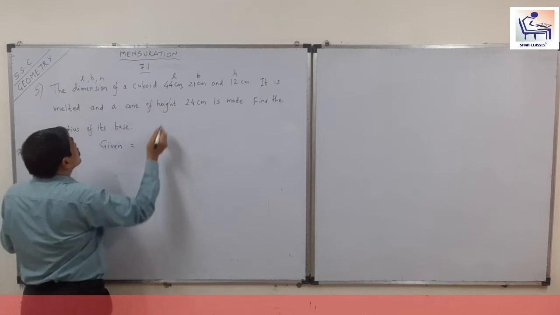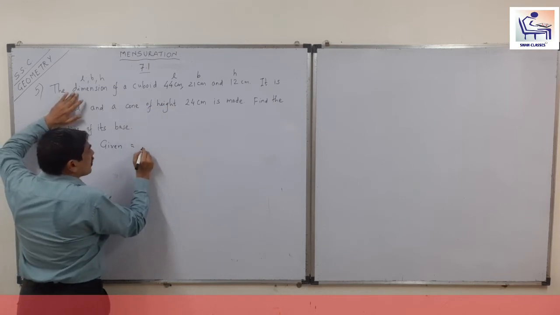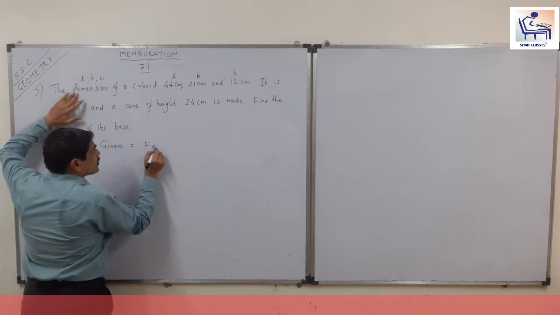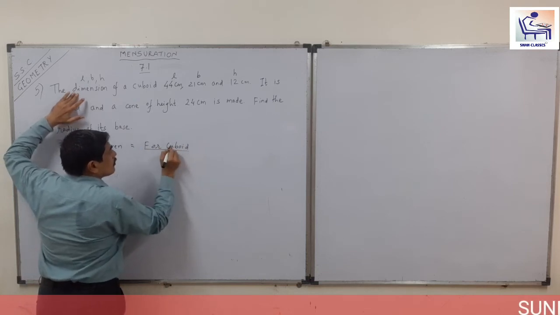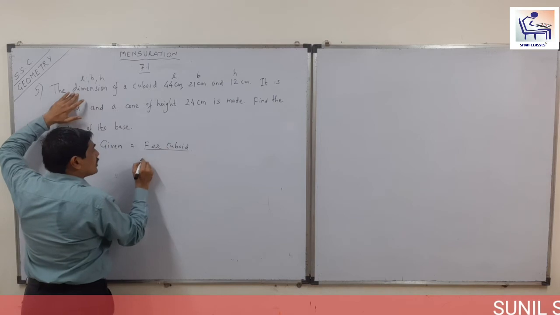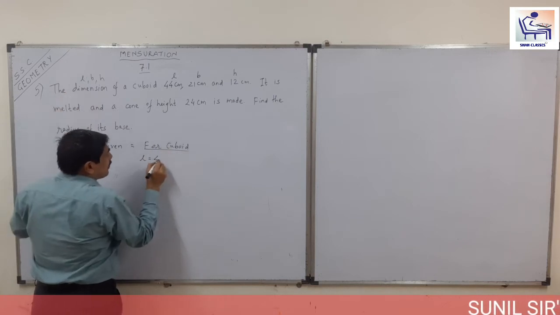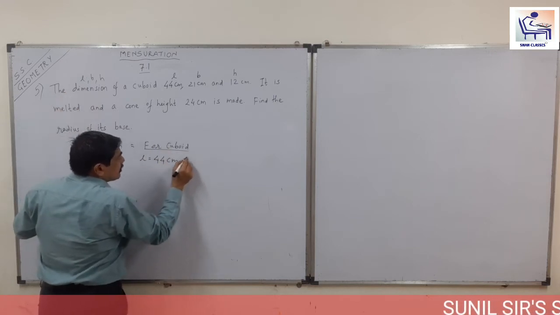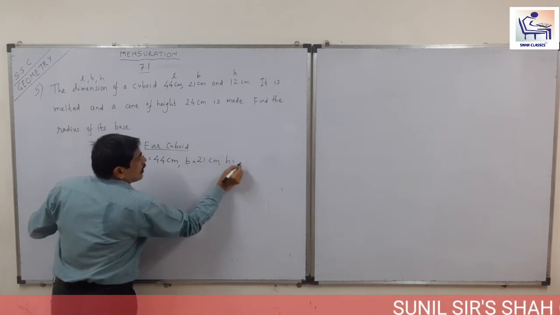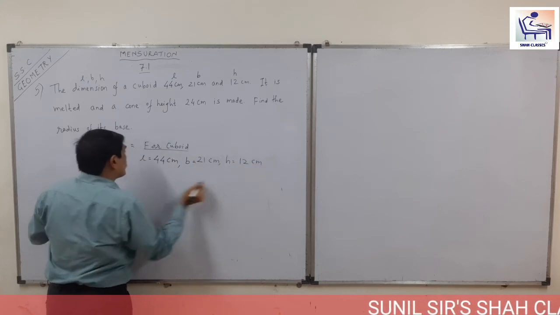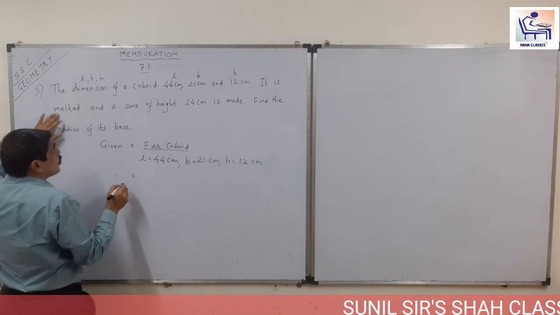See here the dimensions of a cuboid. So for cuboid it is given as length is 44 centimeter, breadth is 21 centimeter, height is 12 centimeter, and for cone what is given?